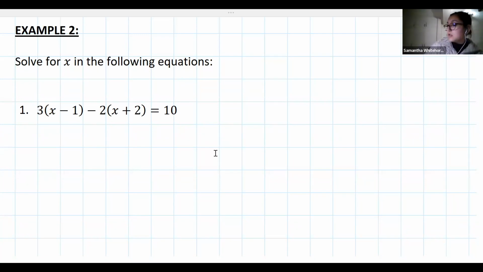Everyone who's put an answer in so far, make sure you're doing your check. Doesn't have to be all neat and tidy, but a quick check to make sure.